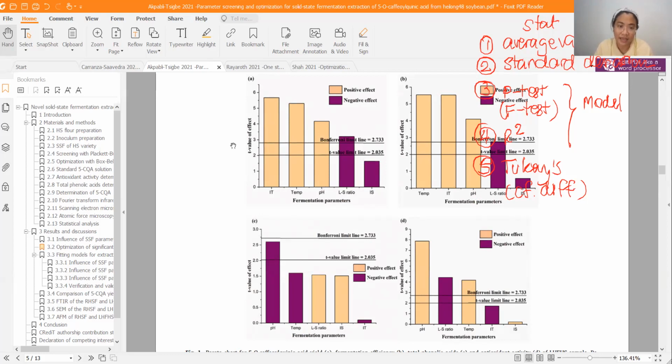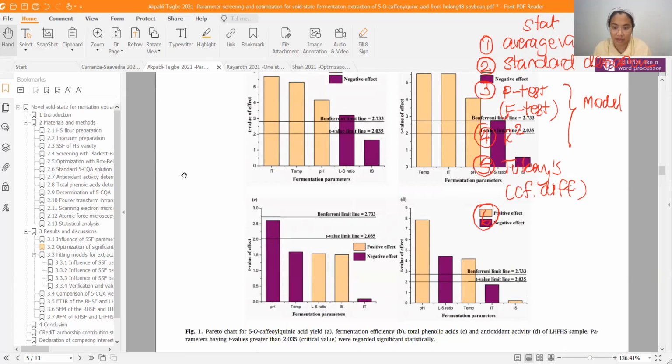So that's actually another stats thing that they do.